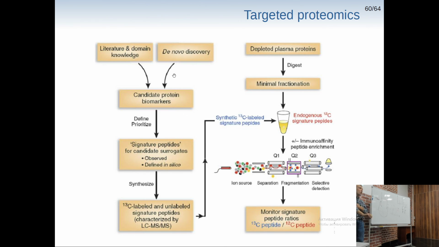What can we do? We can either chemically synthesize the same peptide with some addition of heavy isotope, or we can actually ask our bacteria or other cells to produce a peptide or protein which has the peptides of interest with a cleavage site of trypsin. And we can just add some heavy amino acids to the solution where our bacteria are living.